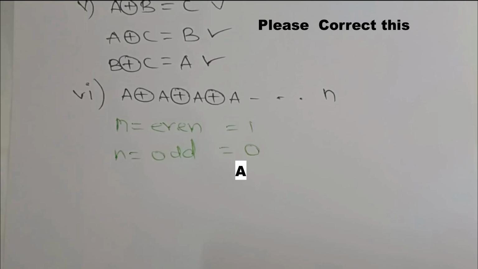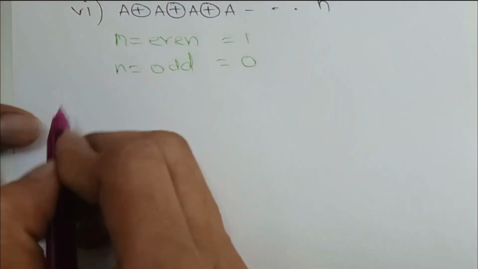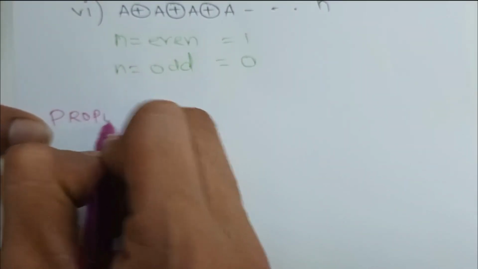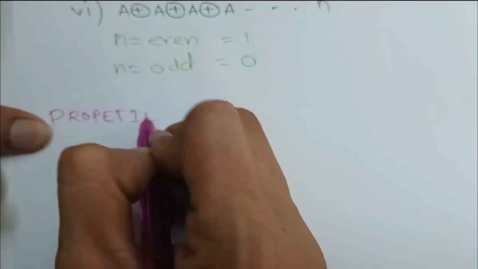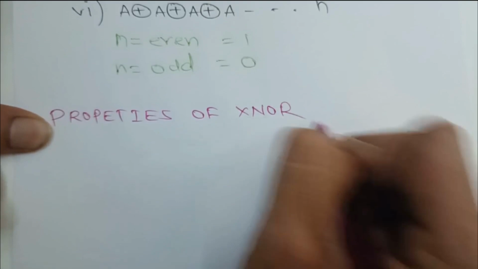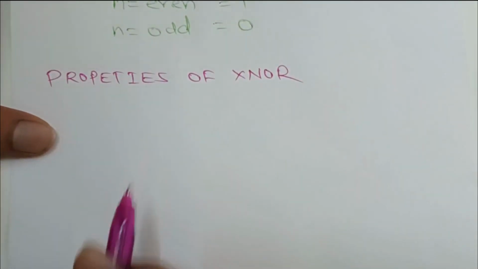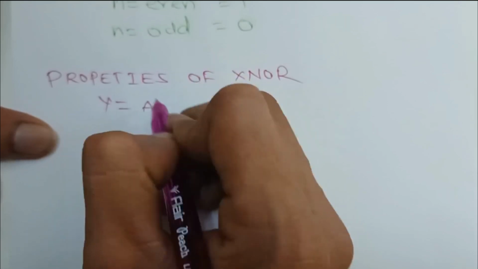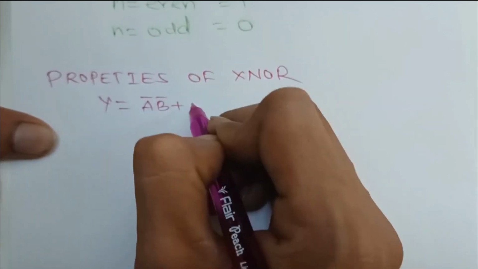Next we are going to move towards the properties of XNOR gate. The equation of XNOR gate is given as Y is equal to A bar B bar plus AB.